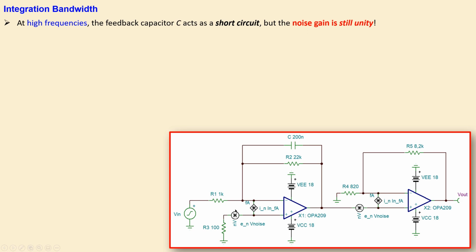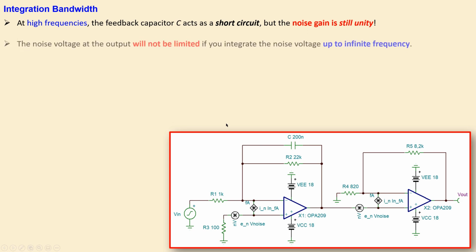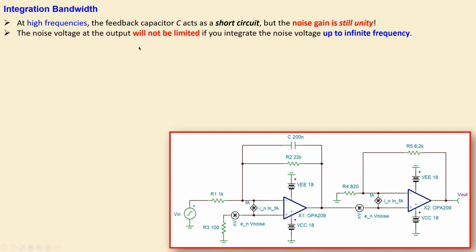The signal gain will go to 0, but the noise gain will not be 0. So even at high frequencies, you still have noise at the output. The noise voltage at the output will not be limited if you integrate the noise up to infinite frequencies. So the total output noise voltage increases without limit for all values of the capacitor. It doesn't matter which capacitor you have here, it will just increase.